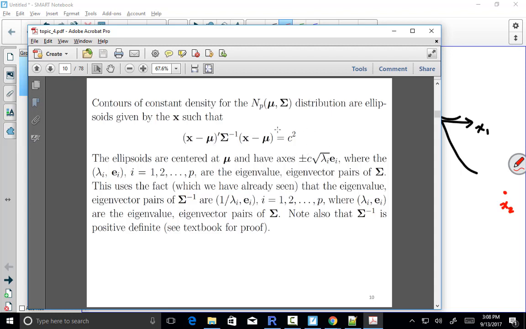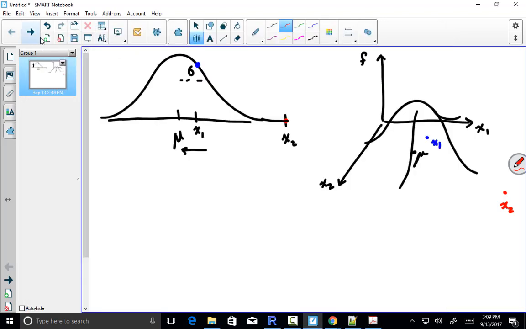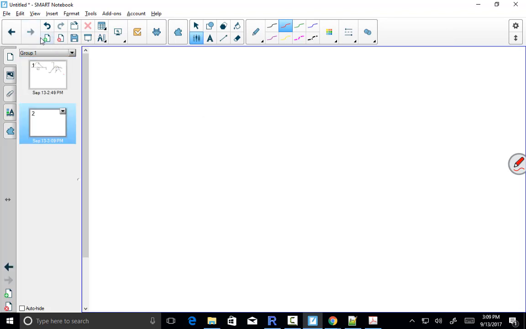So suppose we want to find the points that are squared distance c squared away from the mean vector mu in the multivariate normal. Then we know how to handle this. The principal axes, let me just write it down. It takes a couple of times writing it down for it to click, I claim.